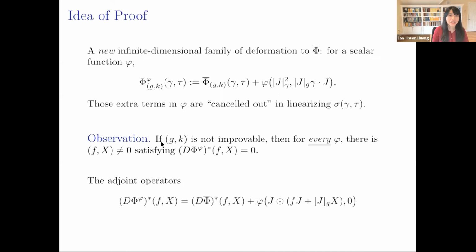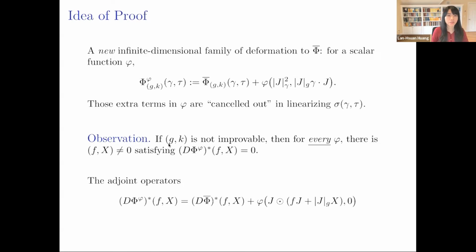And the observation is, since we show that the modifier operator satisfies the same local surjectivity theorem because the extra term is lower order, is inconsequential, the same thing holds for this phi modifier operator.